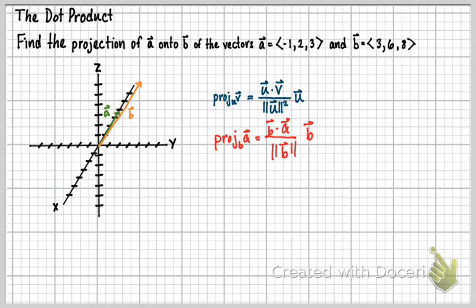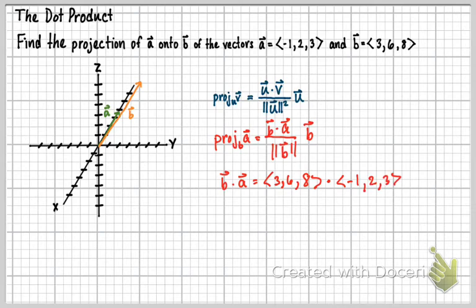From here, we're just going to find all the necessary components that we need and plug them in. First off, we need B dot A. With those vectors, I'm just going to put them in there. That's going to be 3, 6, 8 dotted with -1, 2, and 3.